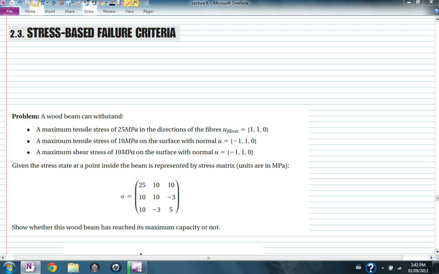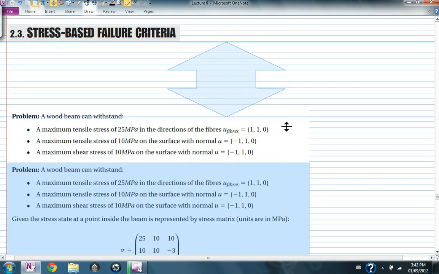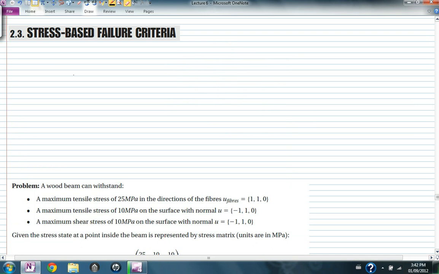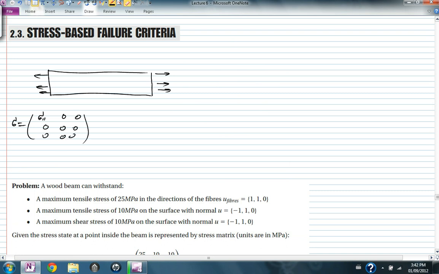So in general, the stress-based failure criteria could be dependent on the orientation of the plane that I would like to check. So for example, if I have this state of stress that's described by a stress matrix with sigma 11 and everything else is 0, and let's say I have a really weak plane, and I'm using some bolts, for example, or some shear studs.